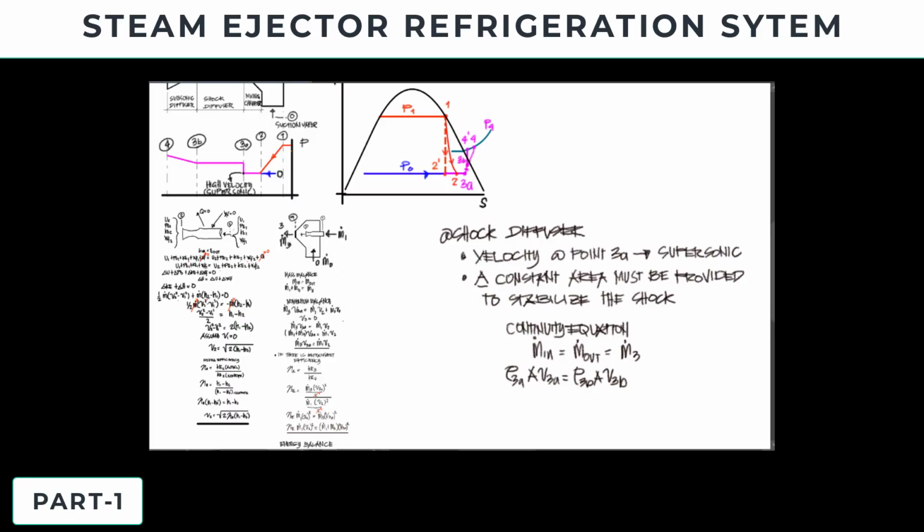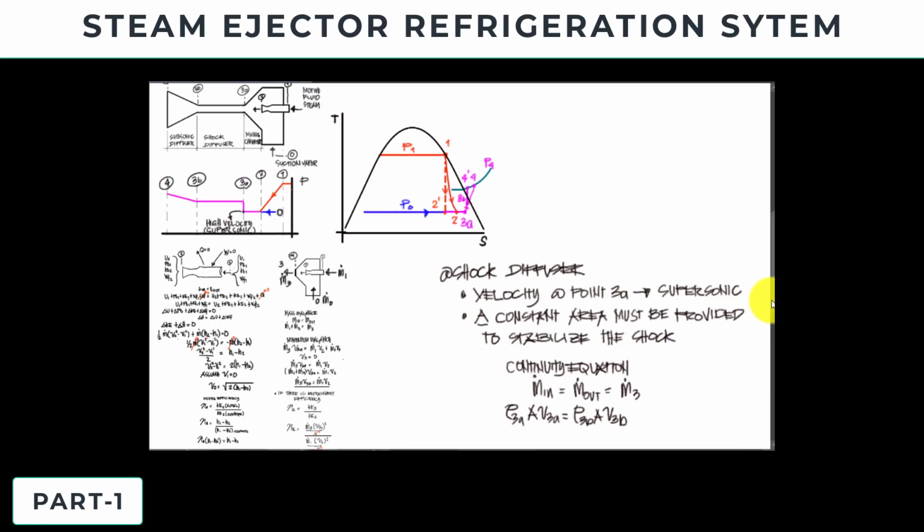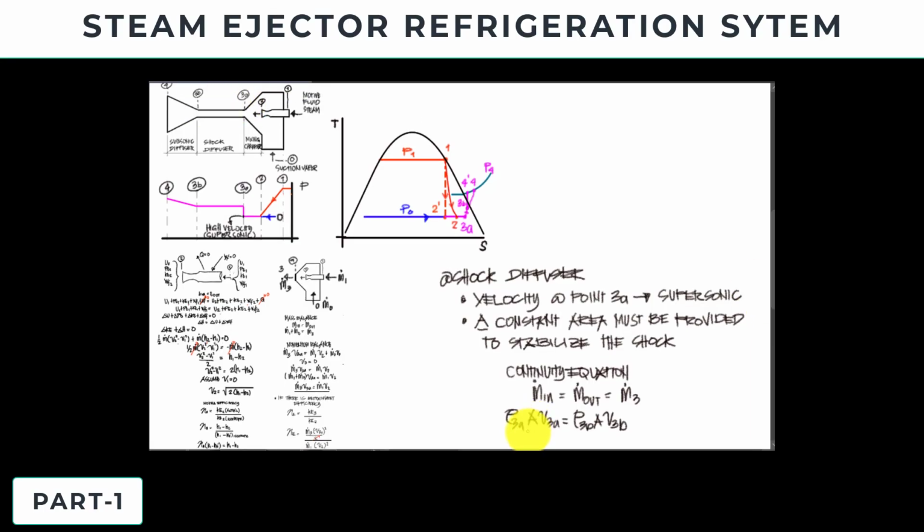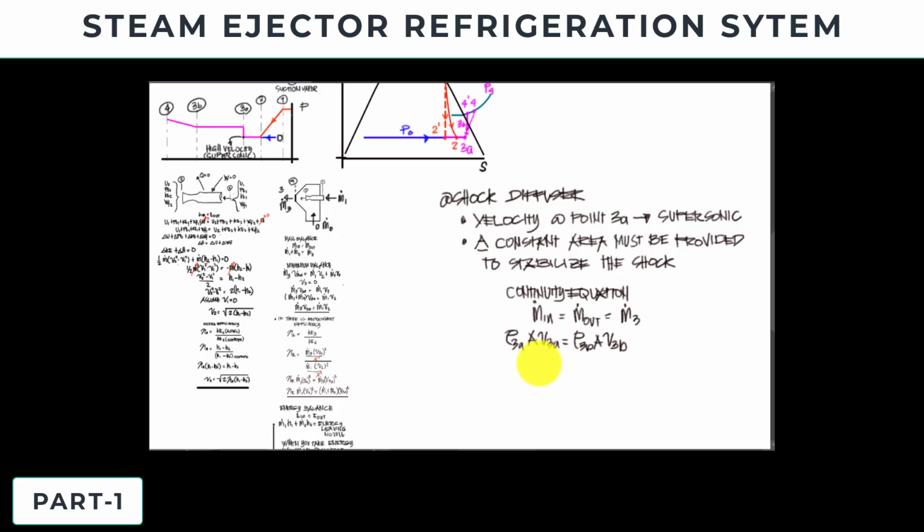Since the area from 3A to 3B is equal, we can cancel it, and express the equation as the area times velocity 3A over the specific volume at 3A, which is equal to the area times velocity 3B over the specific volume at 3B.